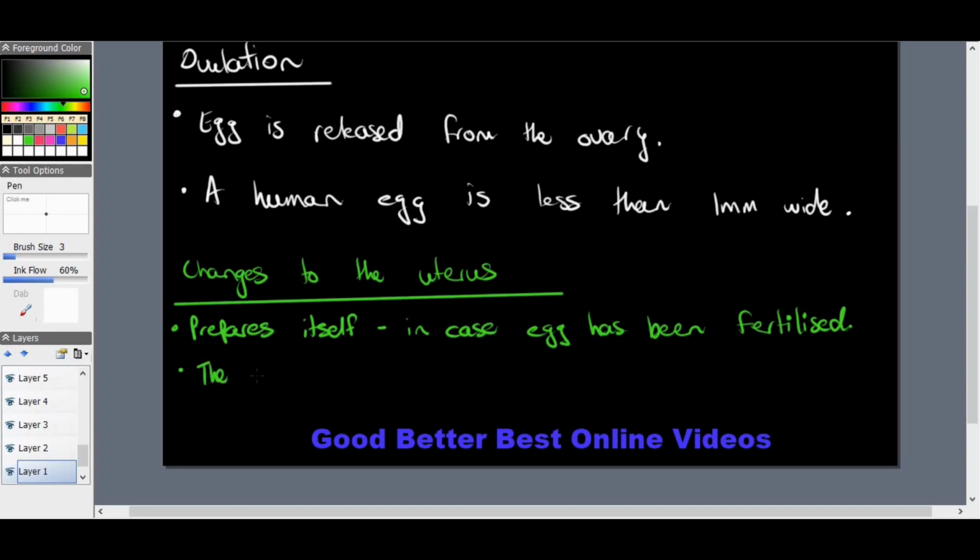So we're going to add that in here: the lining of the uterus grows with glands, so the glands start to swell up, and blood vessels. Why do they do so? It's really to protect and feed the fertilized egg should one arrive.